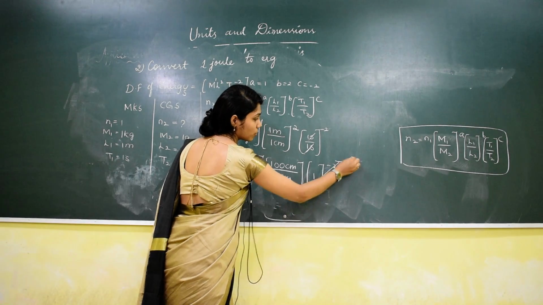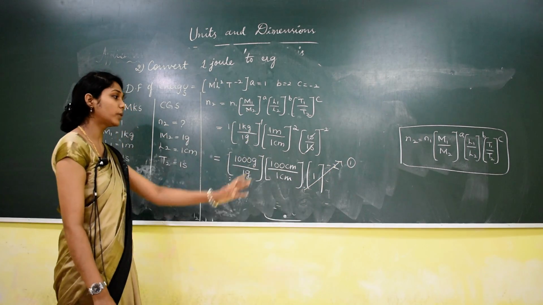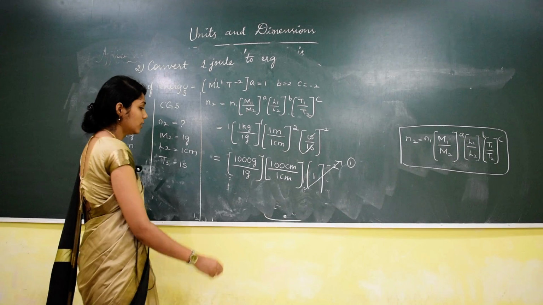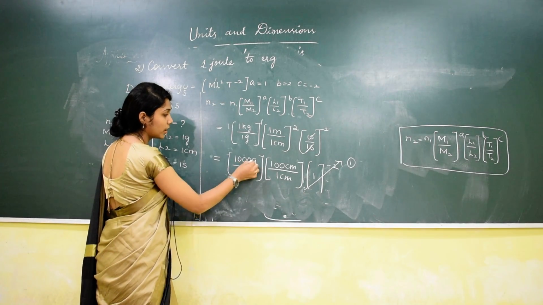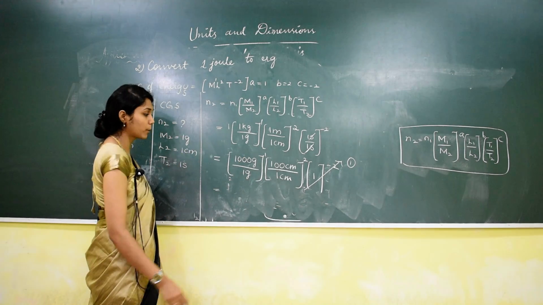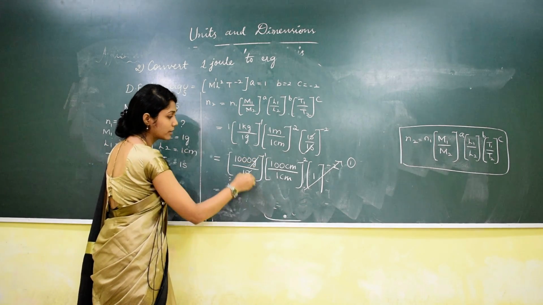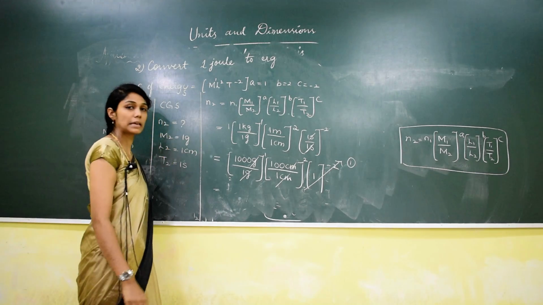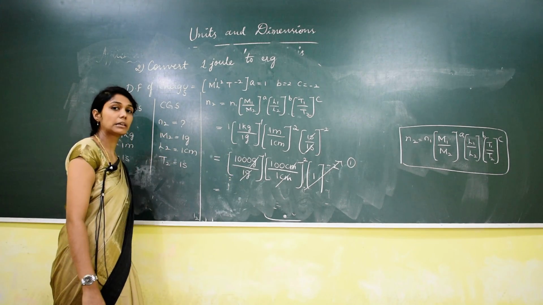This is 1 itself. And 1 into anything is anything itself. Then this is equal to 100. Here there is a square, take the square, here there is 1. So 1 gram and 1 centimeter get cancelled. The unit gets cancelled.